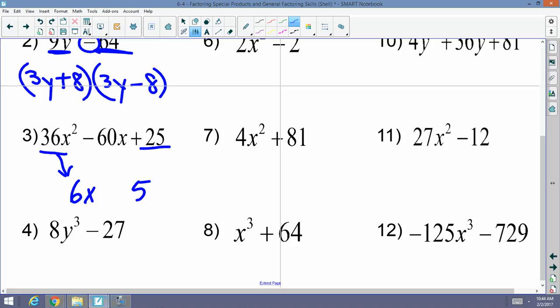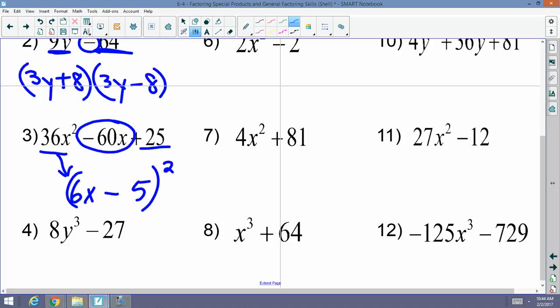What is 6 times 5 times 2? 60. Does this work? It's negative, so what do I do? It's a minus squared. Guys, are you seeing the power of knowing the formula? You will answer questions in seconds, literally seconds, if you know what you're doing.